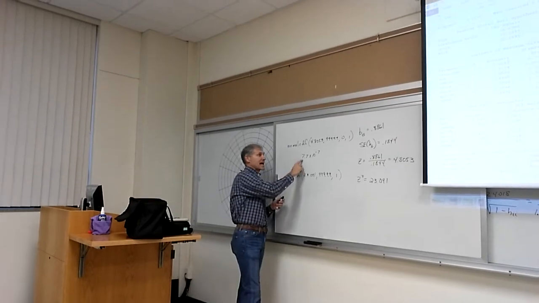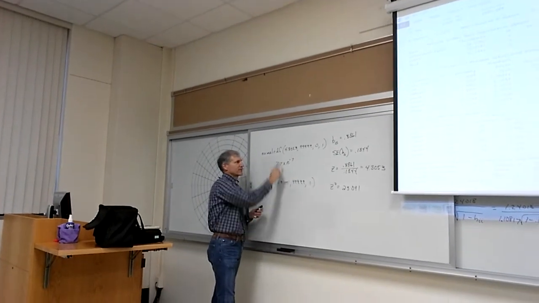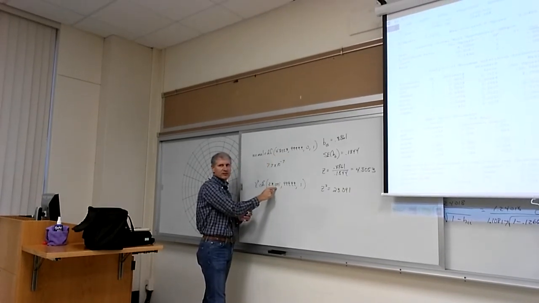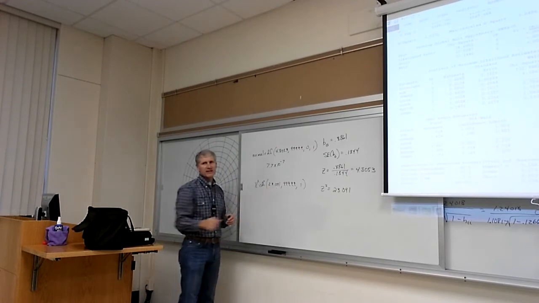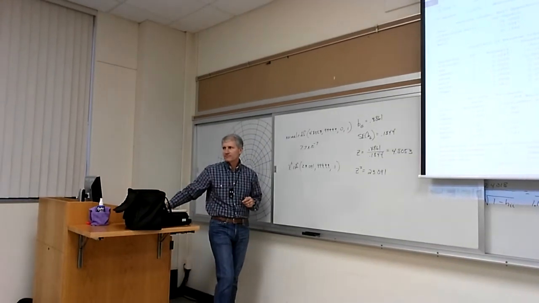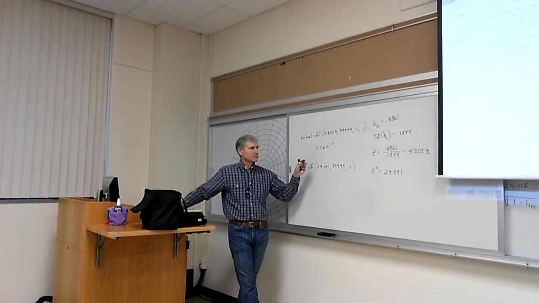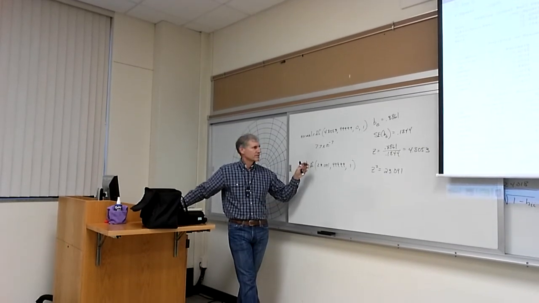If you're not getting exactly the same thing, it's because of the round-off error. If you take this many decimal places and then square it, you'll get more decimal places here, and we rounded off quite a bit from squaring it. Yeah, there's a lot of round-off error in here.